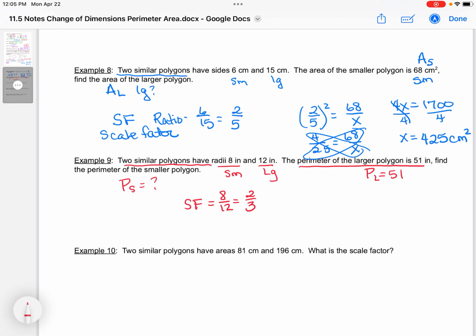Perimeter is the same, so 2/3 is equal to, remember the large one's on the bottom, like that. Cross multiply. 3p equals 102. Divide by 3. The perimeter of the small one equals 34 inches.